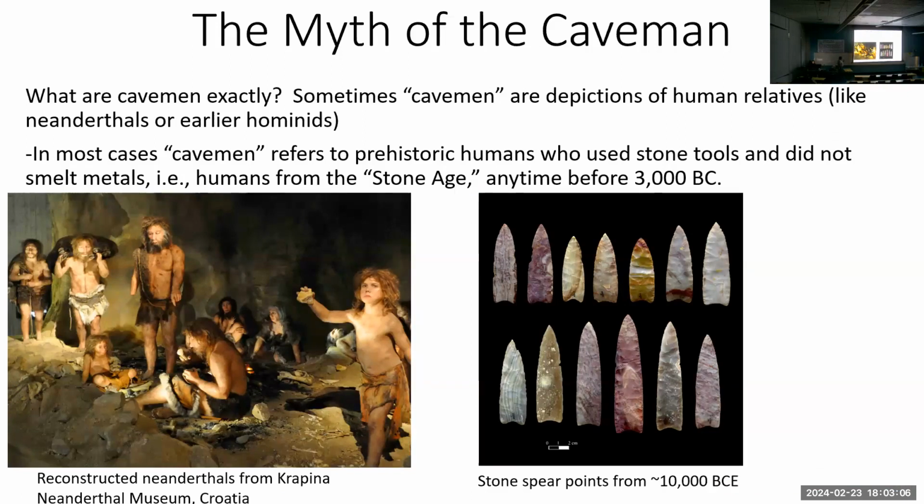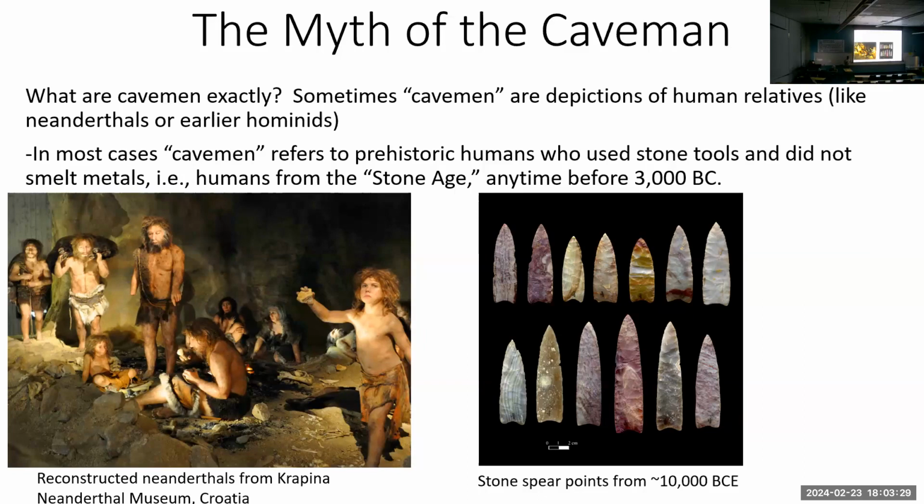Now, it's a little bit ambiguous, because sometimes depictions of cavemen show something that's obviously not a modern human. It could be a cousin of humans, like Neanderthals. Sometimes when they show cavemen, they're actually showing some representation of Neanderthals, which is also usually quite wrong. Or some other ancestral group like Australopithecus.